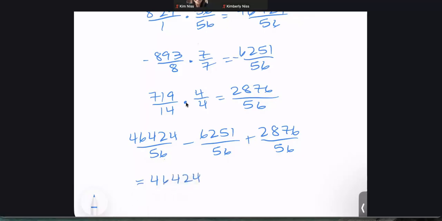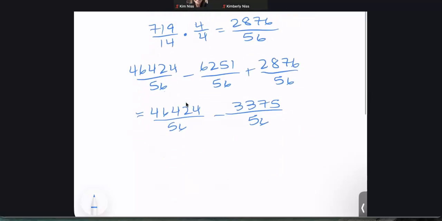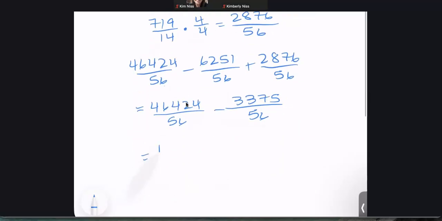So that gives us 46,424 over 56 minus 3,375 over 56. Okay, so now we can do the 46,424 minus 3,375, and that gives us 43,049 over 56.